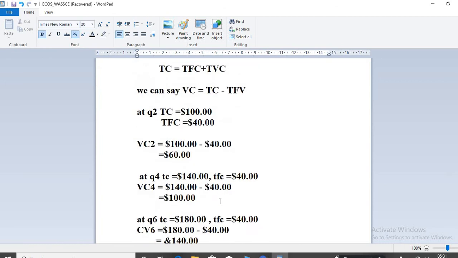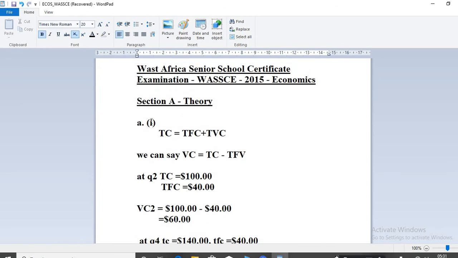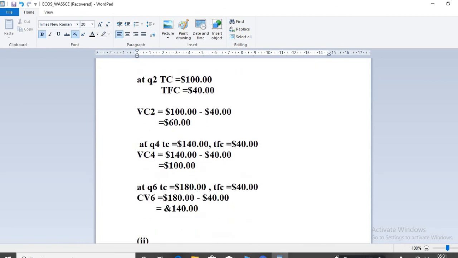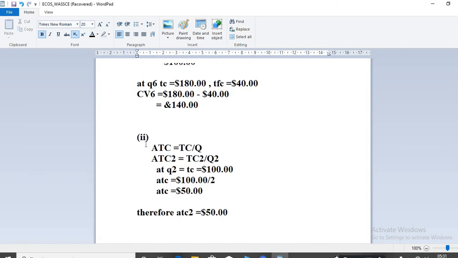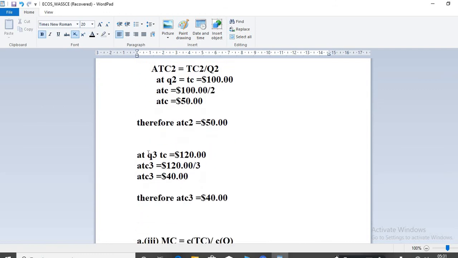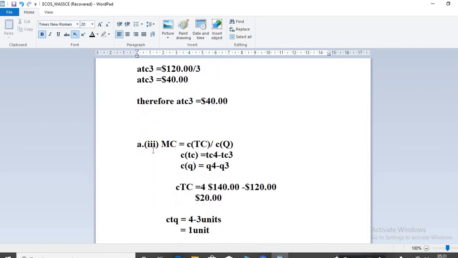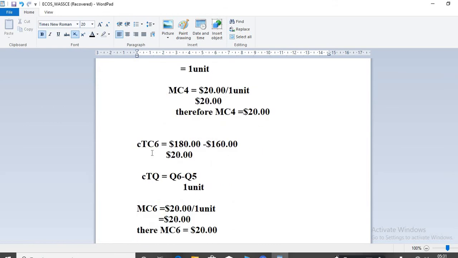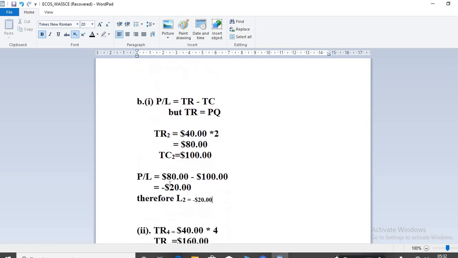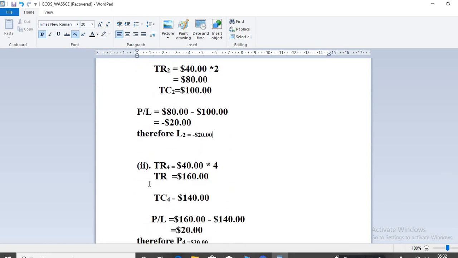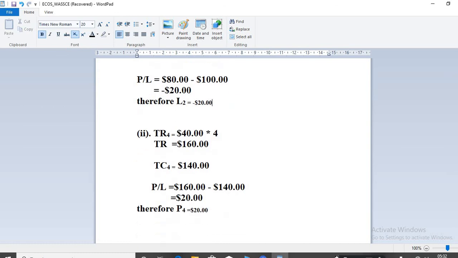We started with the A, we moved on to the II of option A, then we moved on to the B. We began with the I aspect of it, then we concluded with the II of question B.